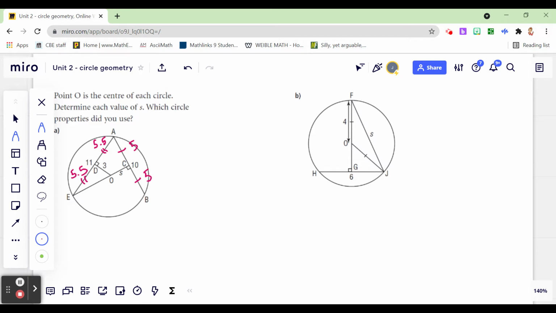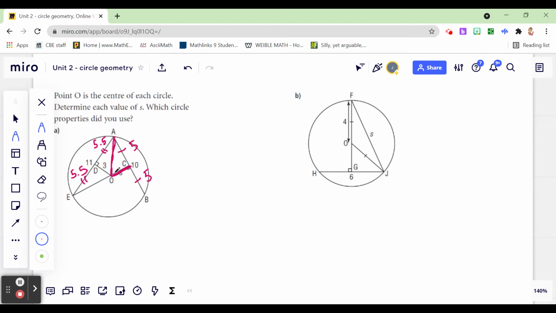All right, so in order to figure out this S here, because that's what I'm asked to find, I would like to create a triangle that includes that line. So I'm going to draw in a radius here.